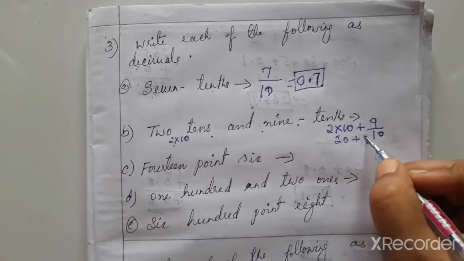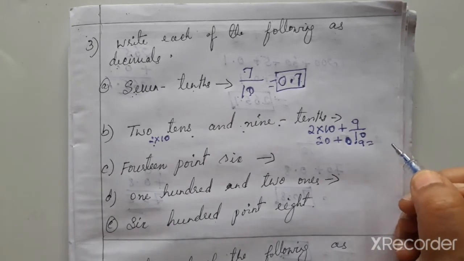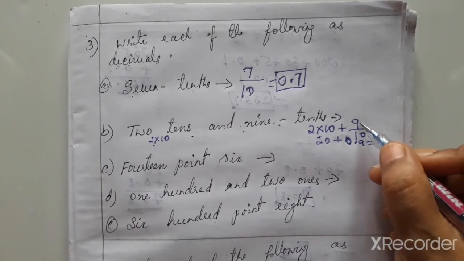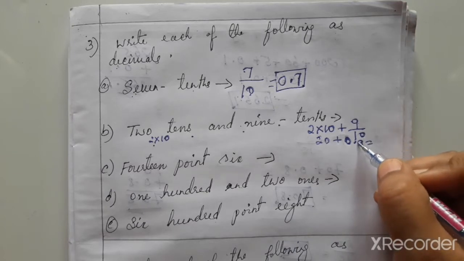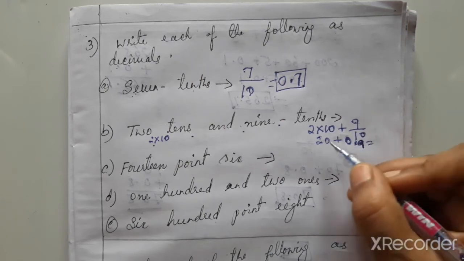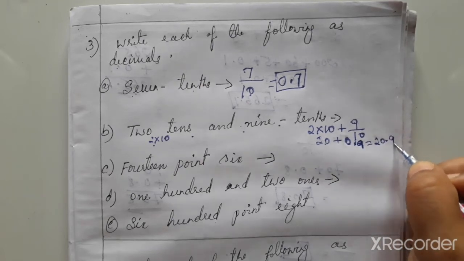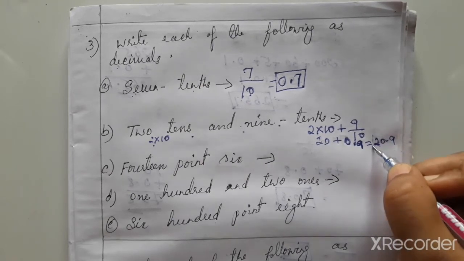How much is 9 by 10? 0.9. 9 by 10 means 0.9, because after dividing we get 0.9. Write the numerator; only 10 means after the decimal point only one number should be there. So 0.9. So 20 plus 0.9 is 20.9. That is how to write the decimal.